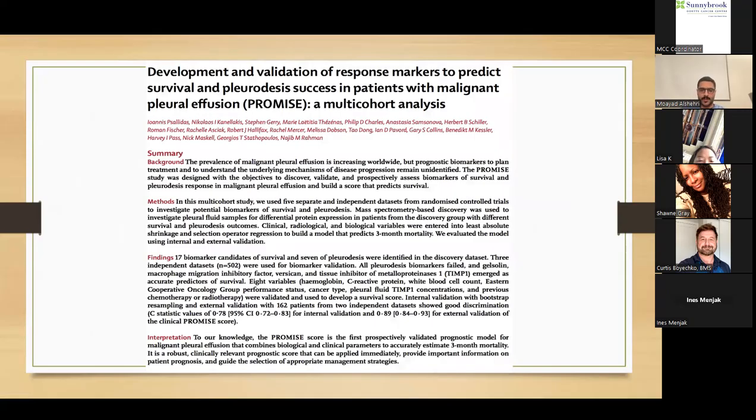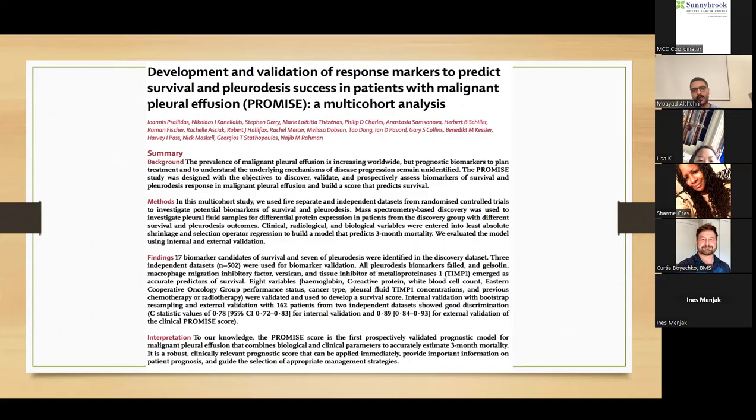Next is the PROMISE trial, which, as the name implies, has some promising ideas rather than something clinically significant, I would say. This is published in The Lancet: development and validation of response markers to predict survival and pleurodesis success in patients with malignant pleural effusion, a multi-cohort analysis.